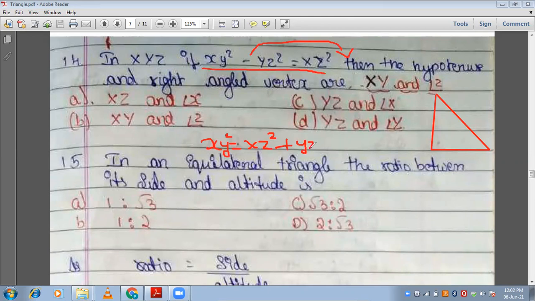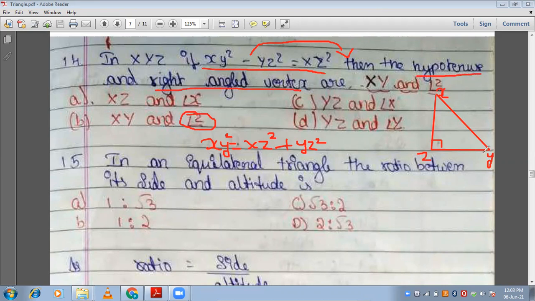So according to Pythagoras theorem, the square of the hypotenuse side is equal to the sum of the squares of the other two sides. Pick this one as X, this one is Y, and this one is Z. So this is a right angle at Z. You need to find the right angled vertex and the hypotenuse.